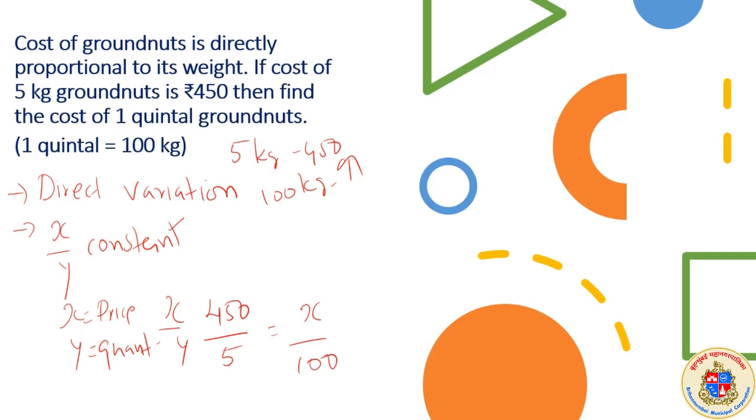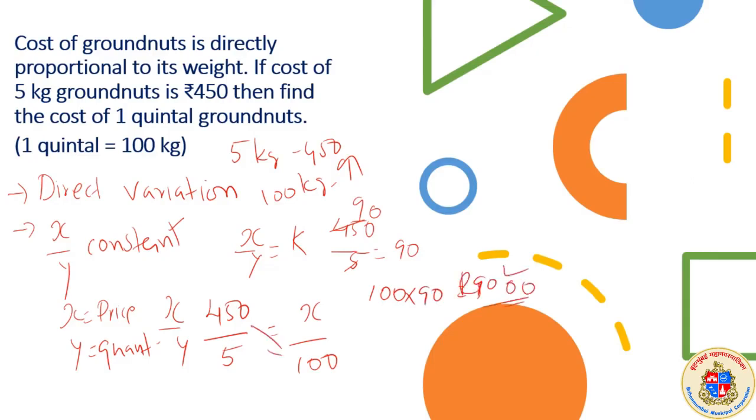We know that x upon y is a constant, so we get the constant from the first case itself. 450 upon 5 is equal to the constant. How much is it? 90. Now you can directly apply 100 into 90, and you get 9000 rupees.